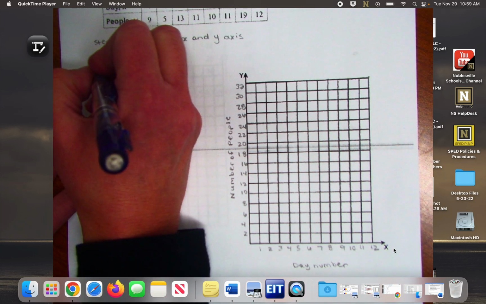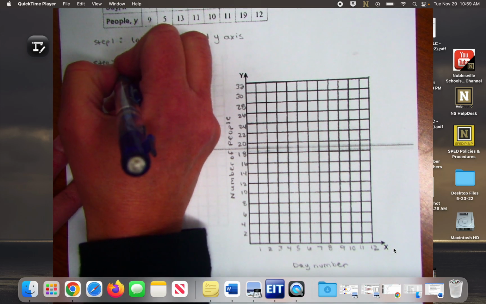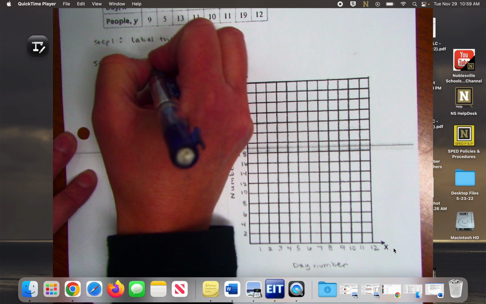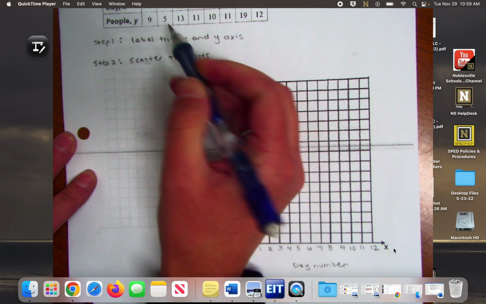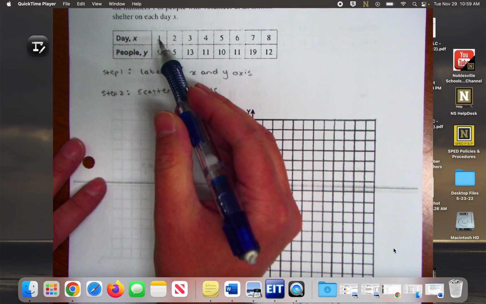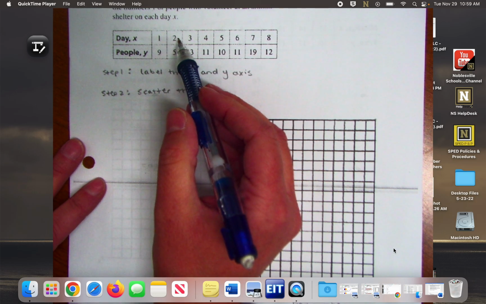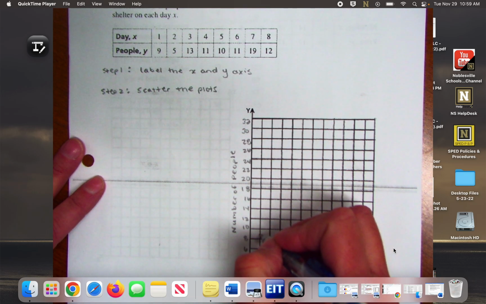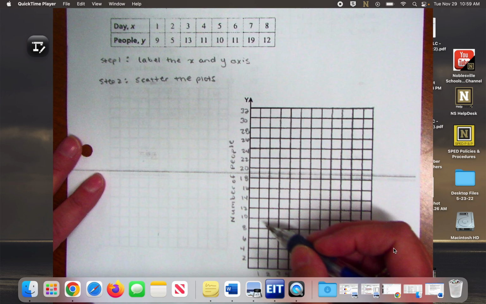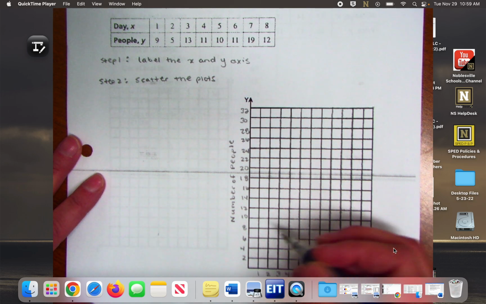Step two is to scatter the plots, right? So each of these is an ordered pair. Okay, so I have ordered pair 1, 9, I have ordered pair 2, 5, ordered pair 3, 13. So I'm just going to go ahead and put those where they need to go. Obviously, I'm going to have to estimate where the 9 would be here.